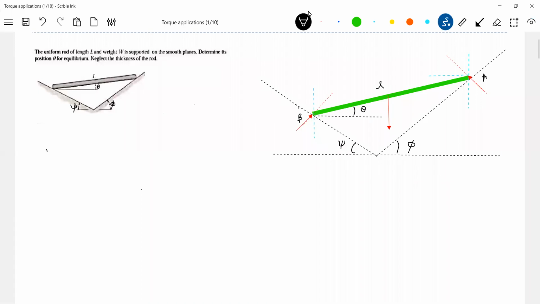So this angle should be psi. And this angle is theta. So 90 minus psi plus theta, this angle should be.